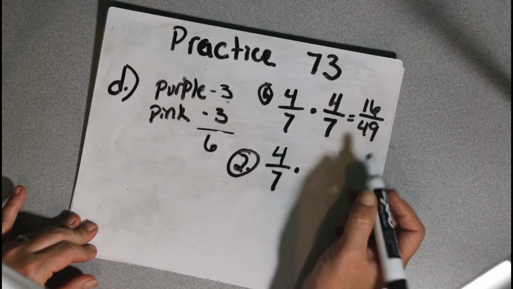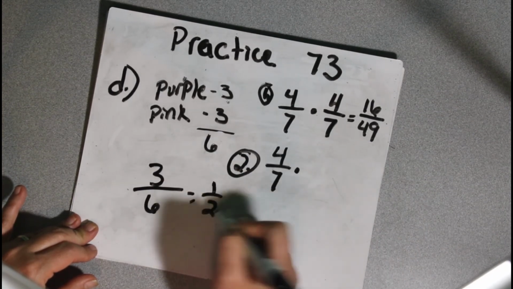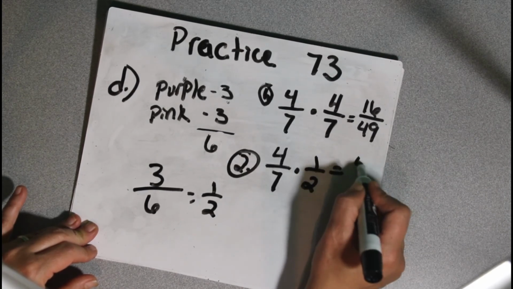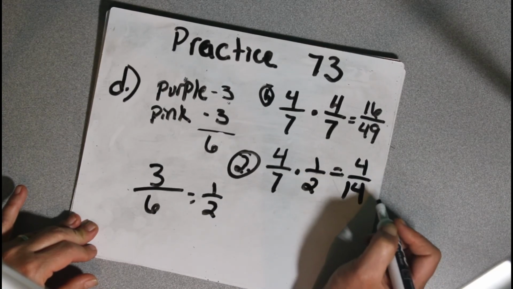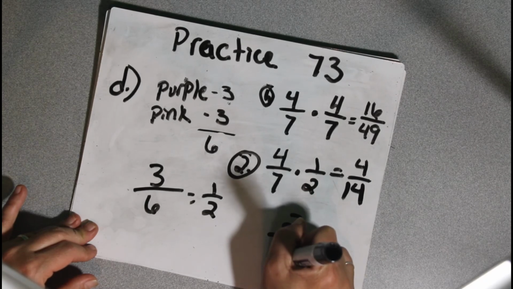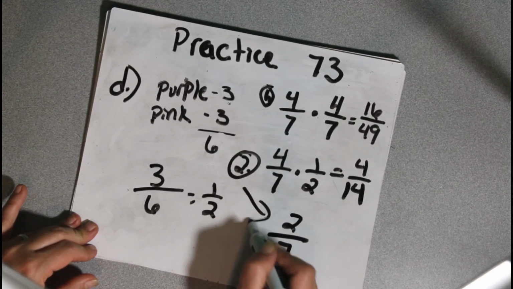We multiply that times 3 out of 6, which we can reduce to 1/2. So 1 times 4 is 4, and 2 times 7 is 14. And we can reduce that to 2 out of 7. So part 2 is 2 out of 7.